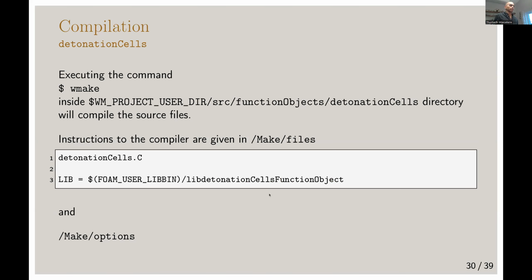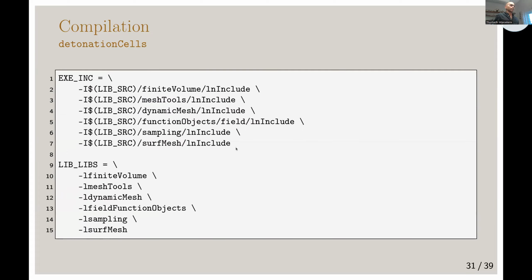So to compile the function object, you need to have the make files and make options files in the directory. It will compile this source file, and then it will create this shared object in the user lib folder directory. And in the options file, you have to specify all the different header files that we have used in this calculation, and all of them are included here.